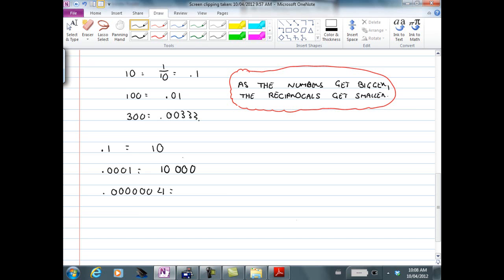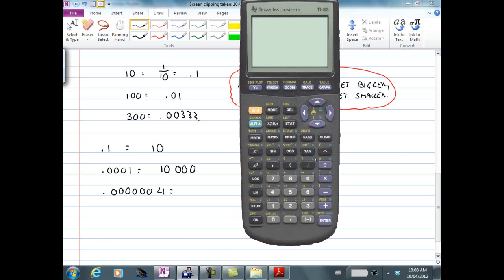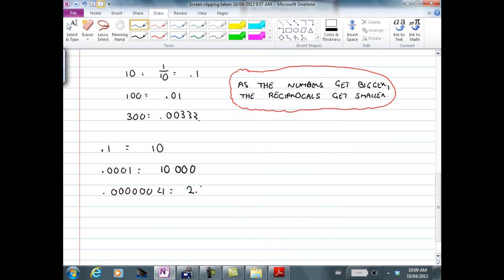Next one. 1 over 0.0000004, whatever that number is. That's going to be 2.5 million rupees, which is worth about $2. I'm kidding.